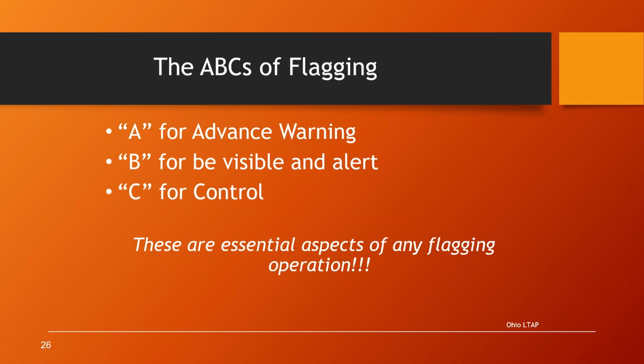One of the things we've done is create a simple way to remember everything you need to know about flagging. We call it the ABCs of flagging, where A stands for advance warning, B stands for be visible and alert, and C stands for control. These are the essential aspects of any flagging operation.